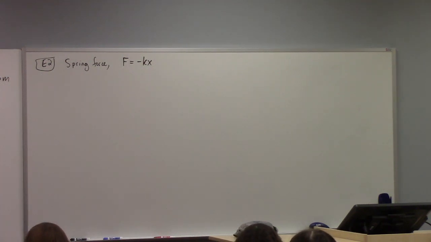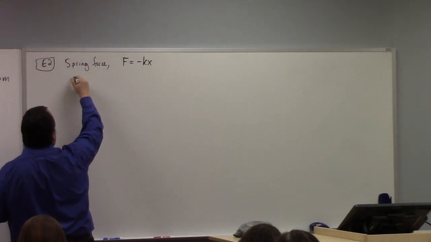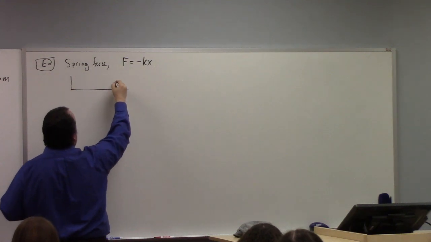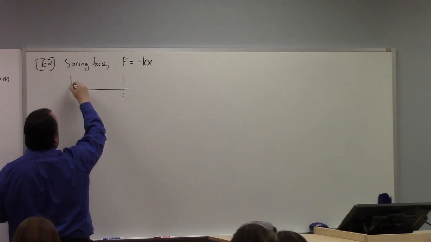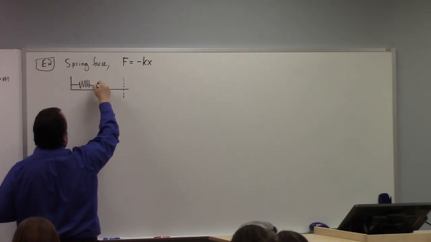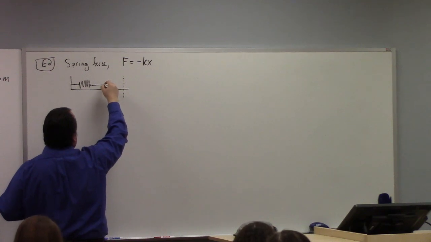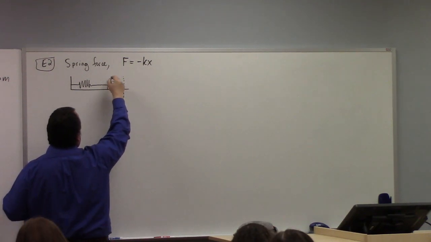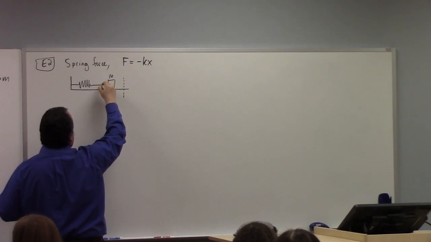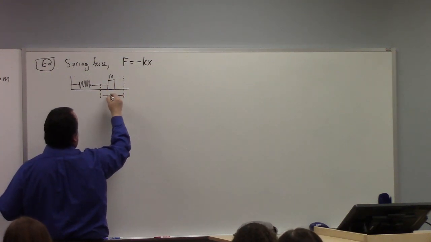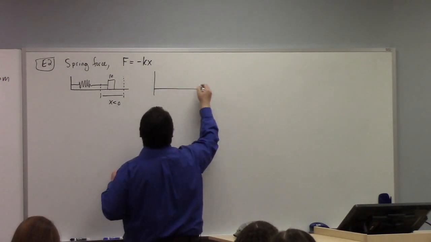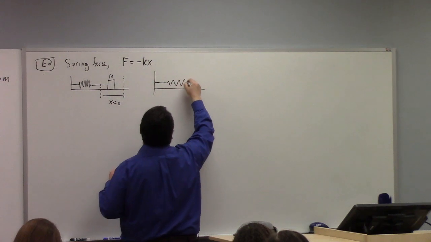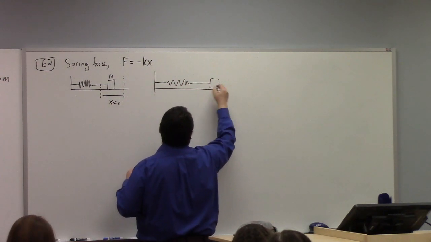So this is the spring force. This is called Hooke's law. I'll think of x as being the horizontal position here, and I'll draw it as if there's a mass attached to it because that's most natural. So here, this would be x being less than 0. On the other hand, it might look like this, right?